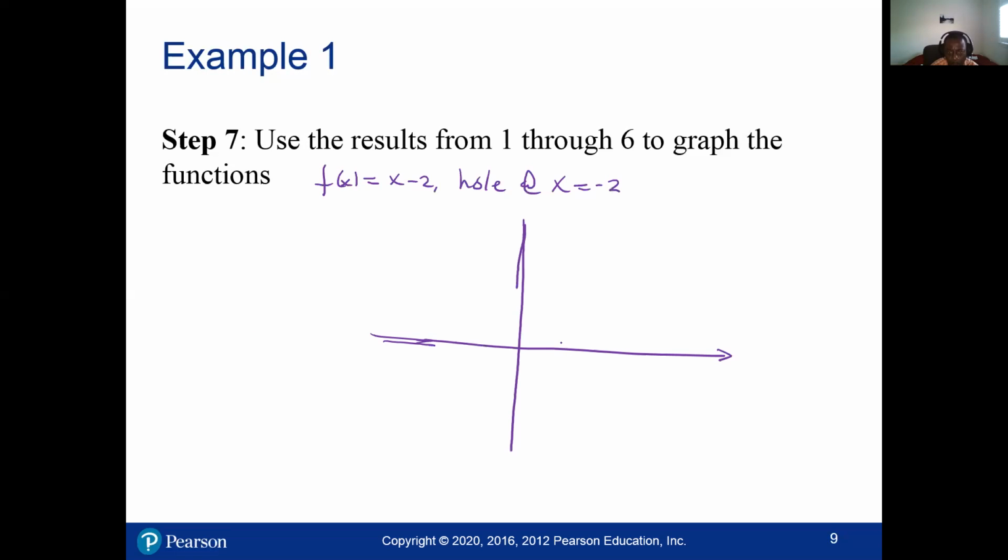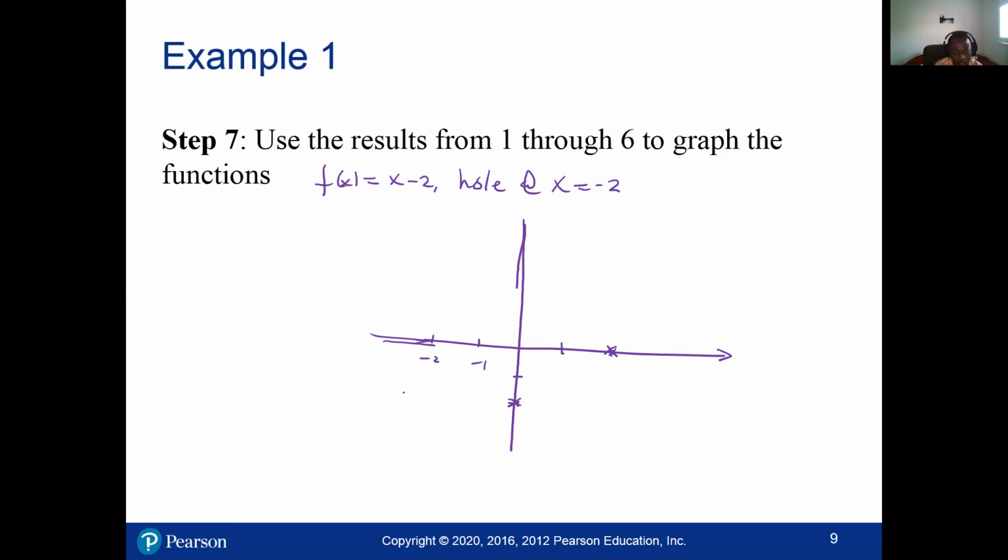This is 1 and 2, and then 1 and -2. The function crosses the x-axis at the intercepts, and then we have -1 and -2.